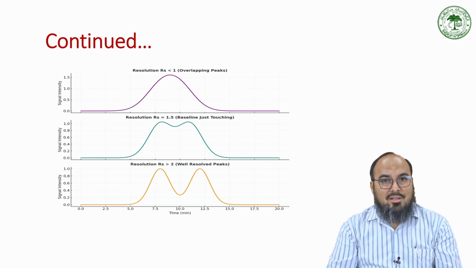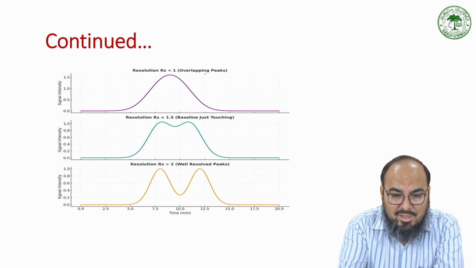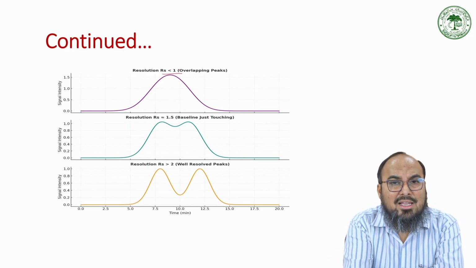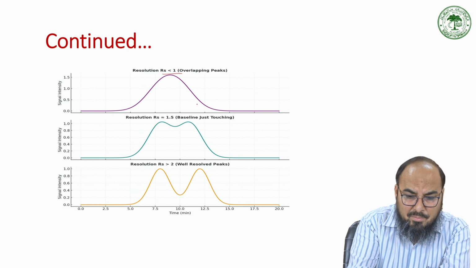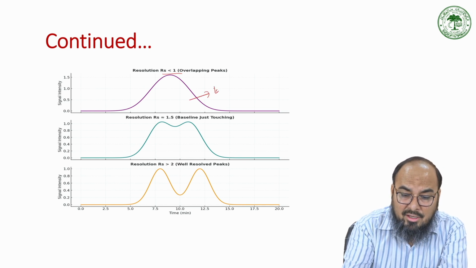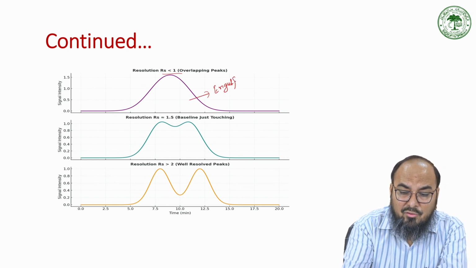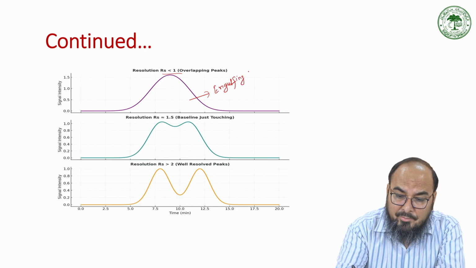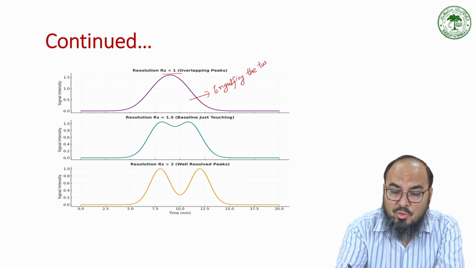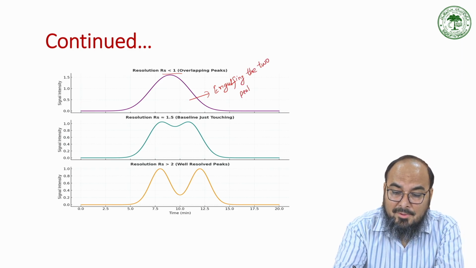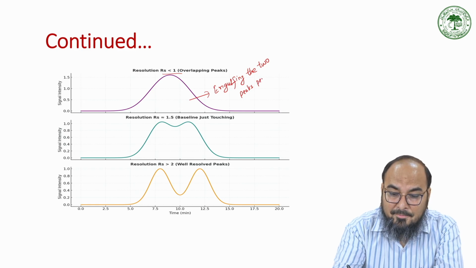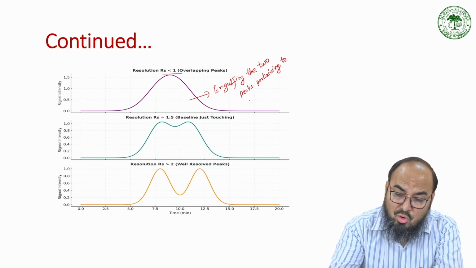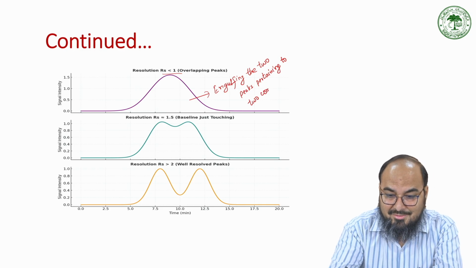So here in the first one, you can see that RS is less than 1. This big peak is engulfing the two peaks pertaining to two components.